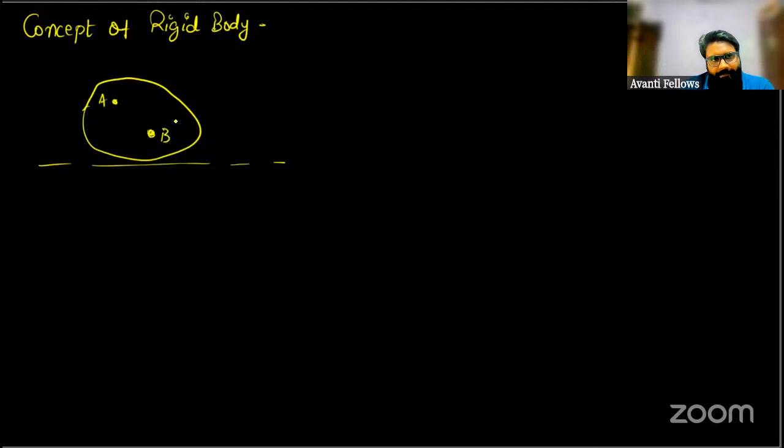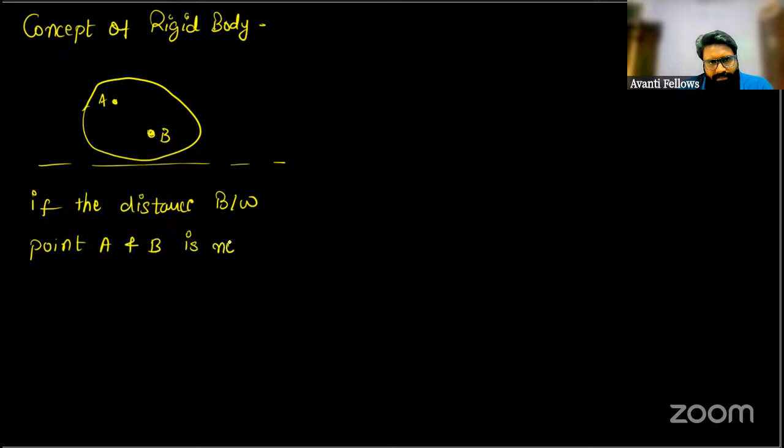This is point B. So if the distance between point A and point B is not changing in any condition.